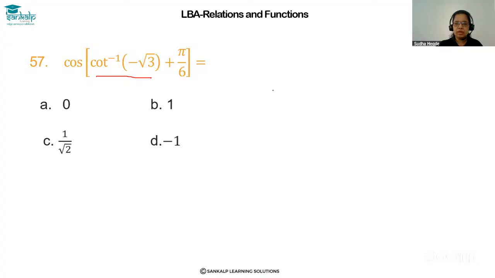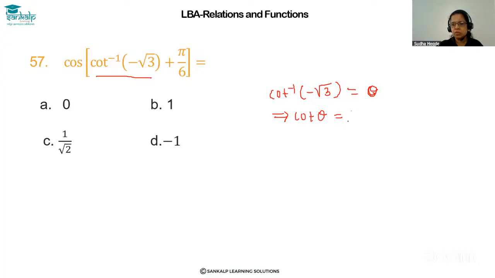So let cot inverse of minus root 3 be equal to theta. That implies cot theta is equal to, what? Move cot inverse to this side and you will get cot.